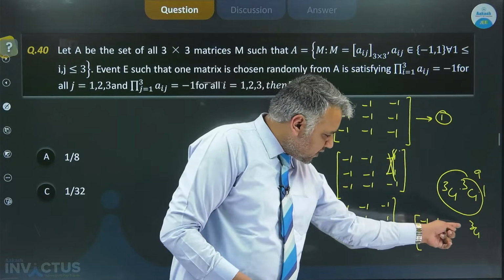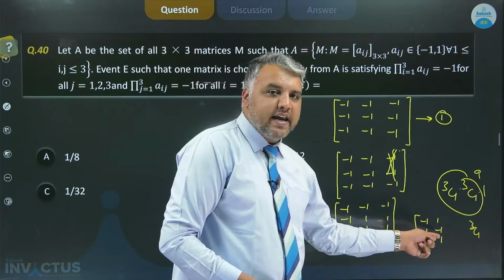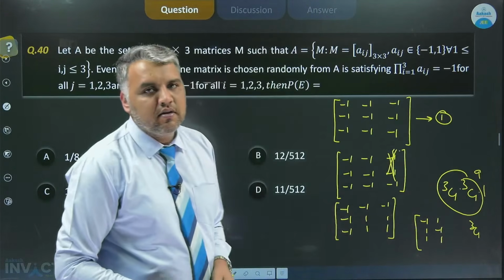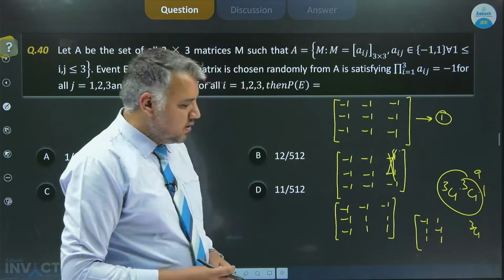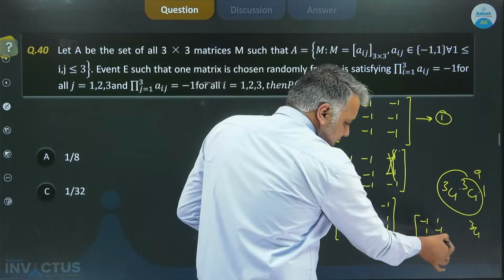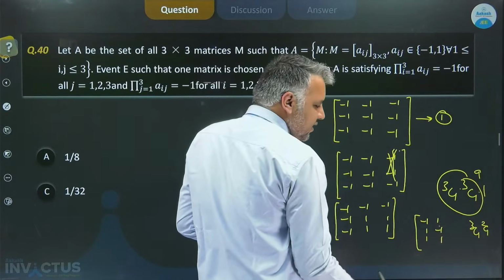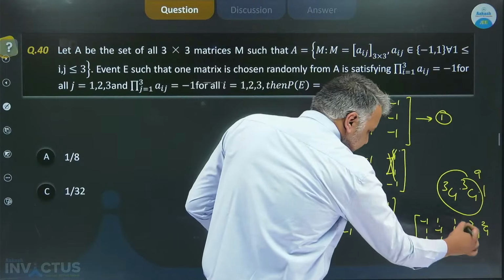And if this does not contain all the plus signs, if we fix any negative sign here, then this column will contain all the 3 negative signs. So there will be only 2 possibilities, either this position or this position. So in 2C1 ways we can select this, and in the last case there will be exactly 1 possibility.